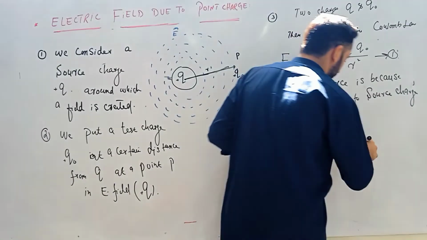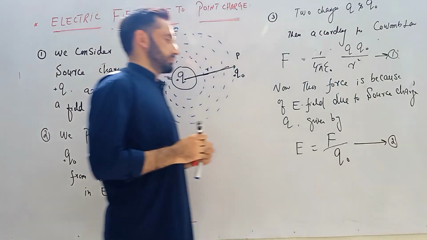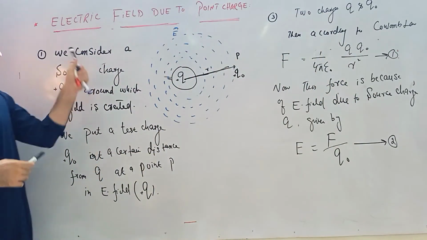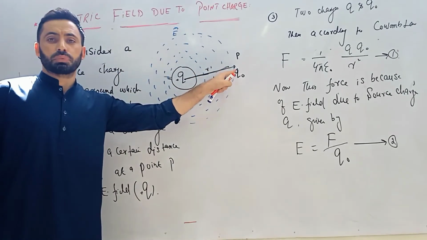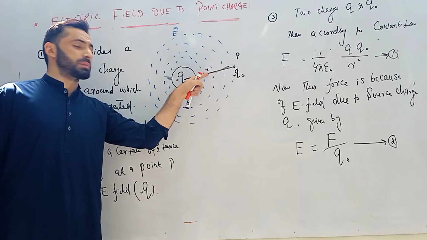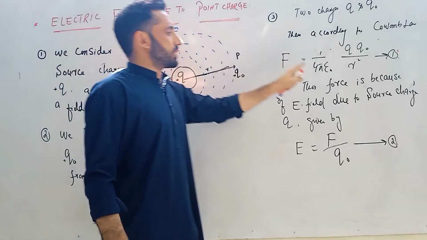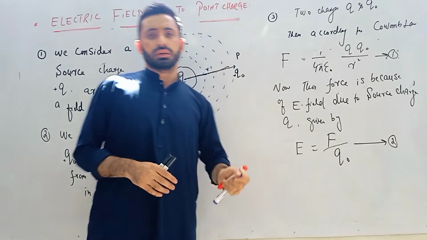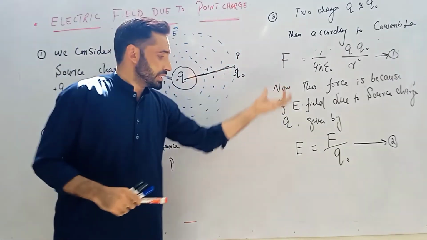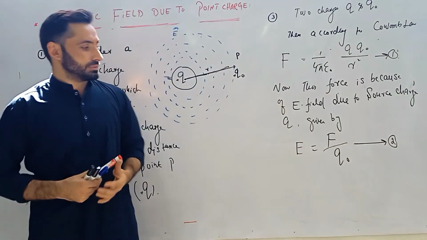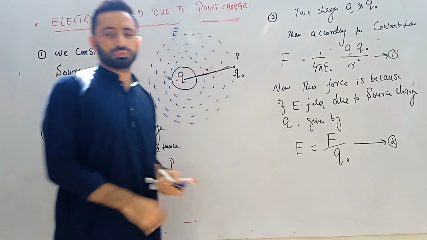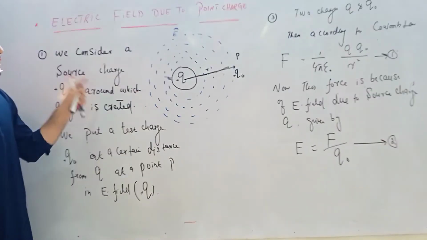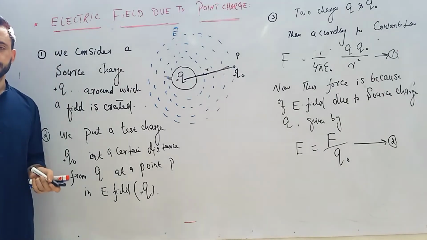That's the equation. Our source charge creates the electric field, at our point P, where the test charge is placed at a certain distance R. So there is a force, the Coulombic force, due to the electric field. Now put the value of force in the equation.